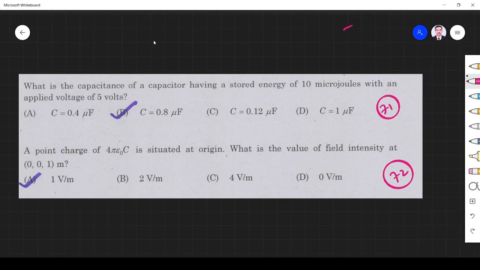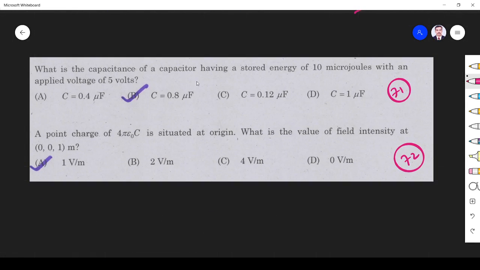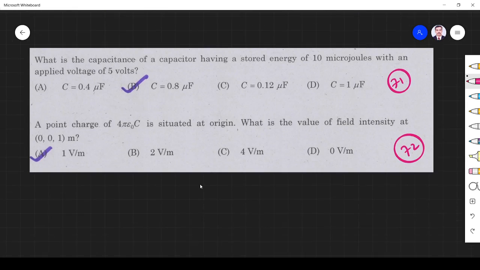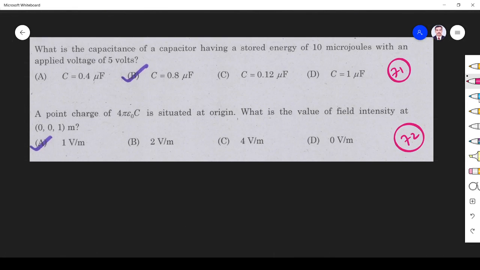Okay. 71. What is the capacitance of a capacitor having a stored energy of 10 microjoule? So energy stored is E, it is 10 into 10 power minus 6 joule, right? So what is the C value? We know energy stored by a capacitor is 1 by 2 CV squared.